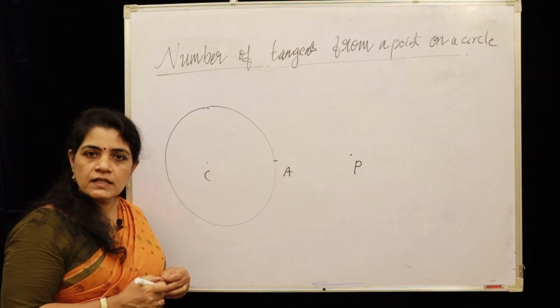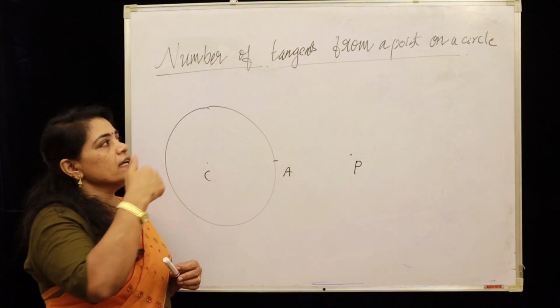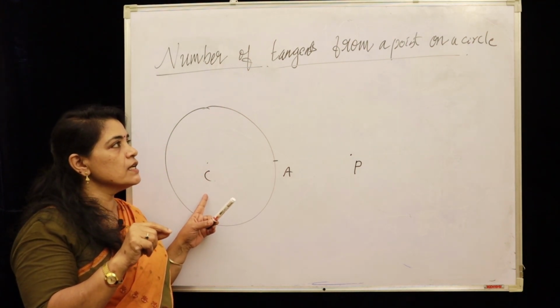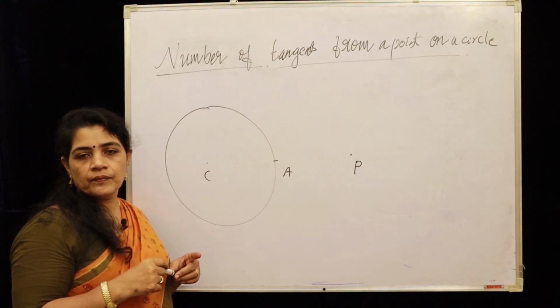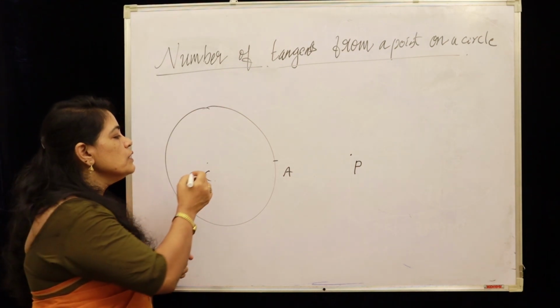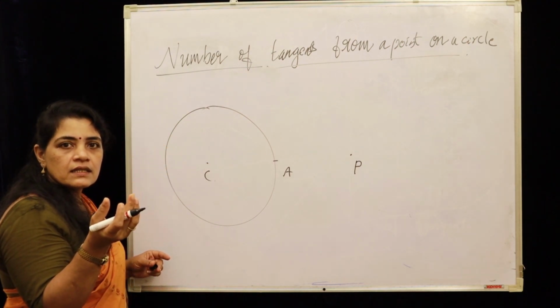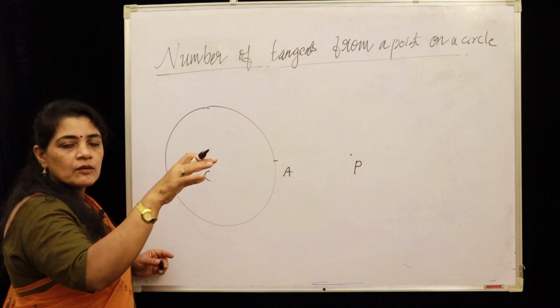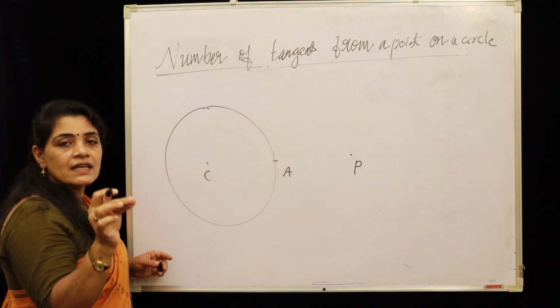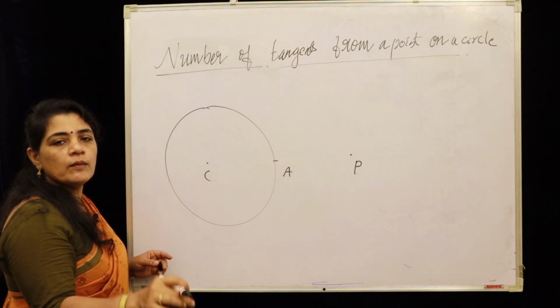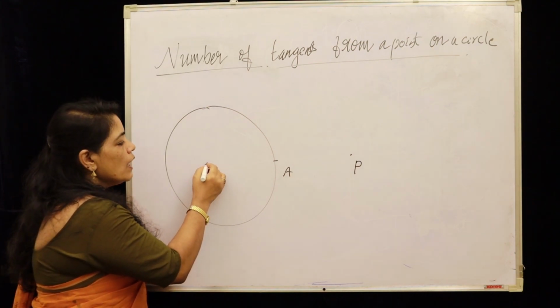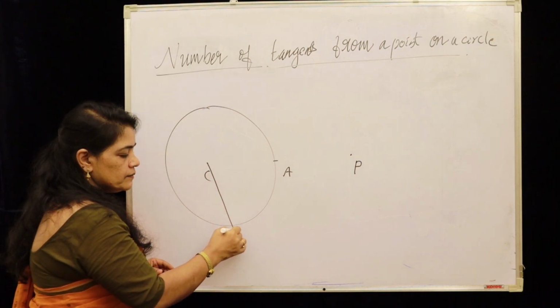And what are we going to discuss now? The number of tangents from a point to a circle. So what is a tangent? It is a line which intersects the circle at exactly one point. I am going to draw a line.